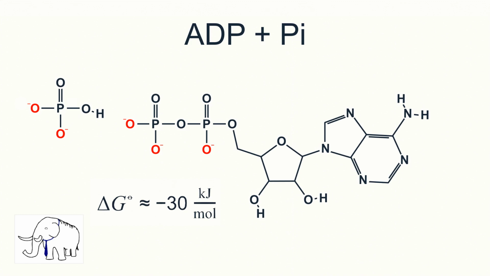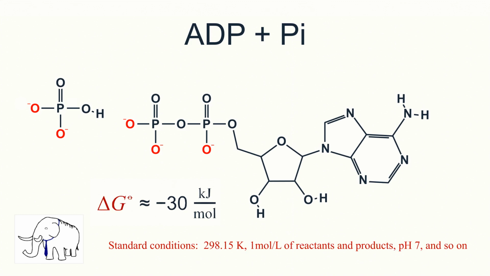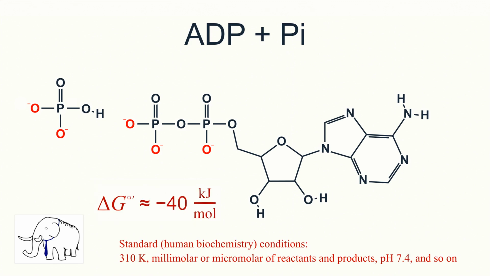So the delta G0 under the standard chemistry conditions of 298.15 K, 1 mole per liter of reactant and product, pH 7, etc., those aren't very relevant to biology. So I'm going to use this symbol, delta G0 prime, or delta G degree prime, or delta G naught prime, however you want to say that inside your head.